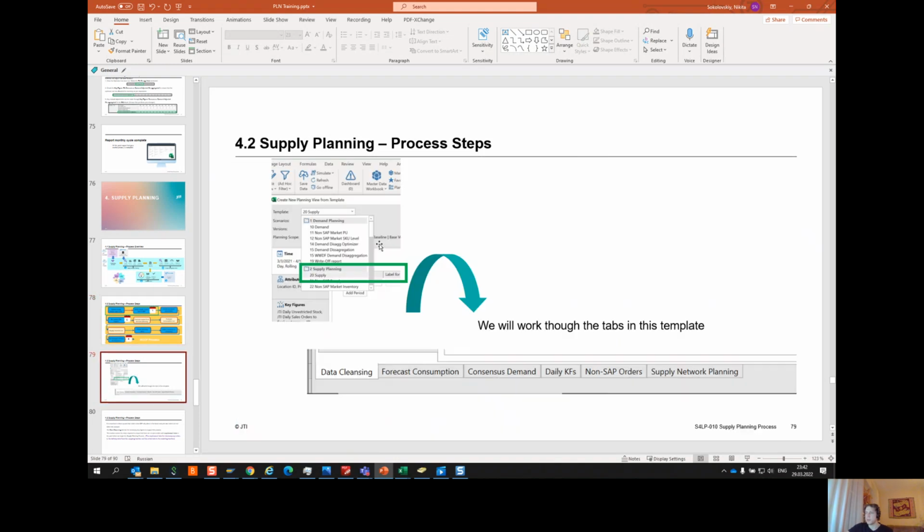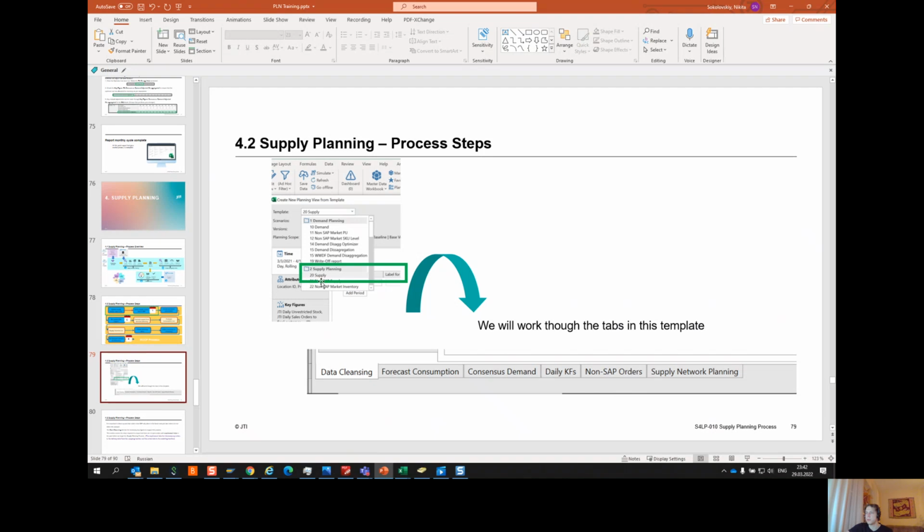And so in the next slides, you can see how they actually run the data cleansing. So they just, again, run the Excel Add-in template, but now it's not the demand group of templates, but supply.